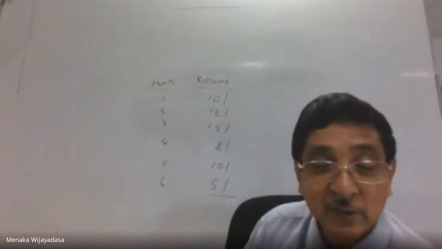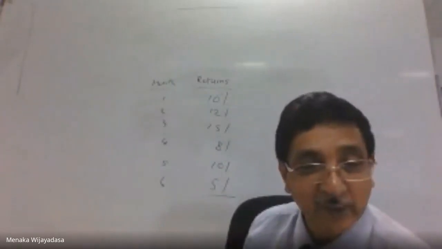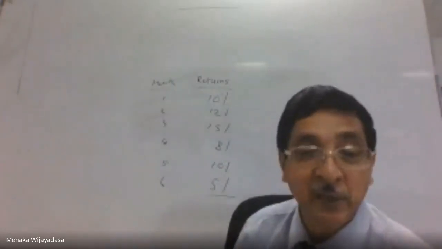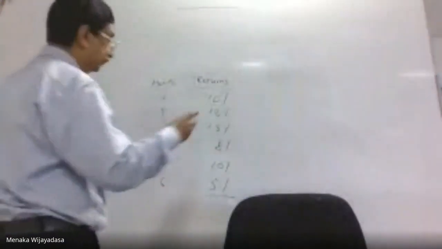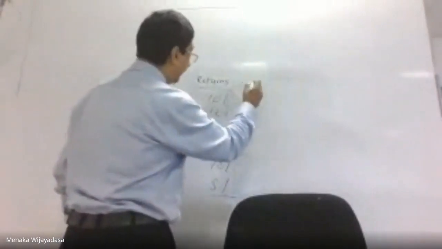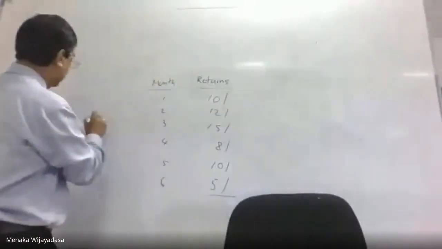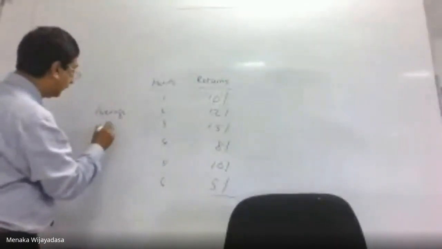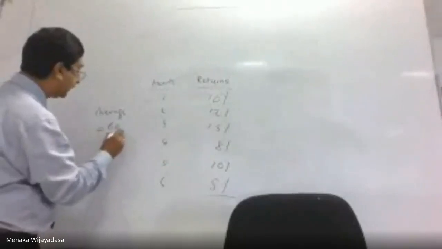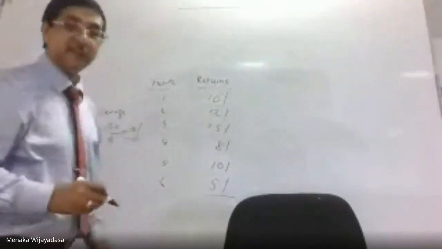Then the average profit for this branch would be 10%. So we call it the average or mean value. So we can say the average is 60 divided by 6, that is 10. 10% is the average profit.